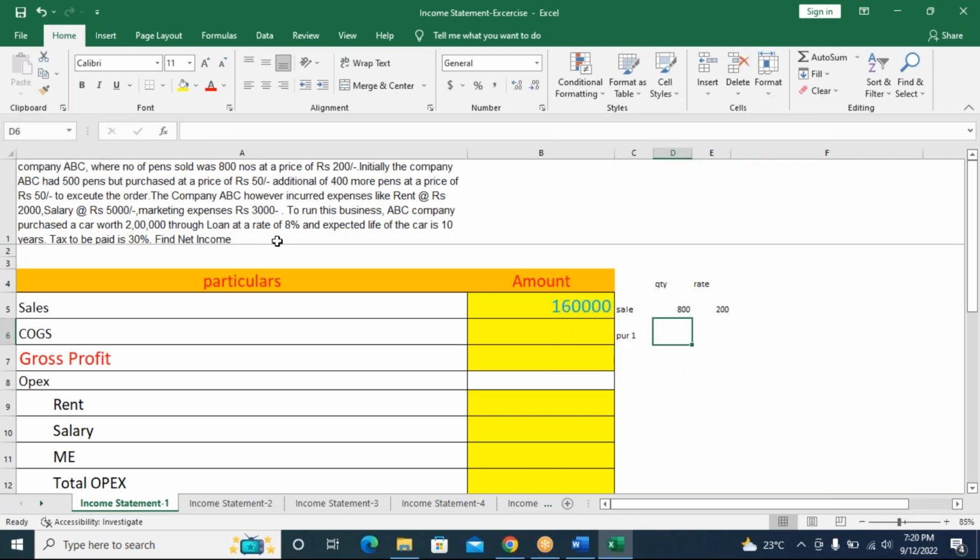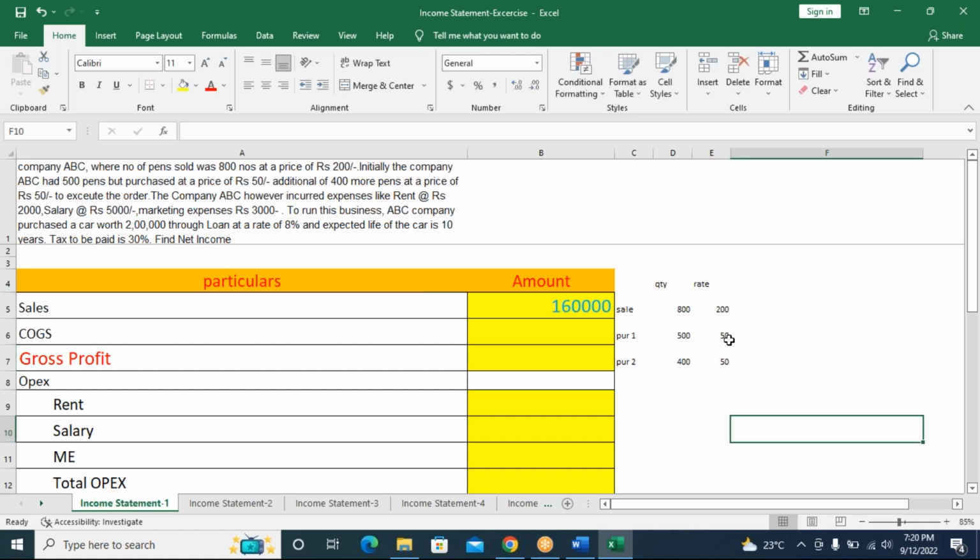Look at the question. 500, at 50 rupees. Purchase 2: how many pens did I buy the second time? 400, and at what rate? 50 rupees.